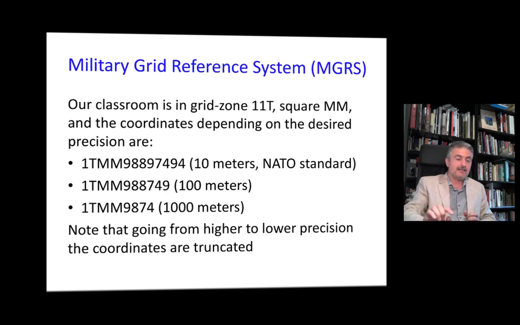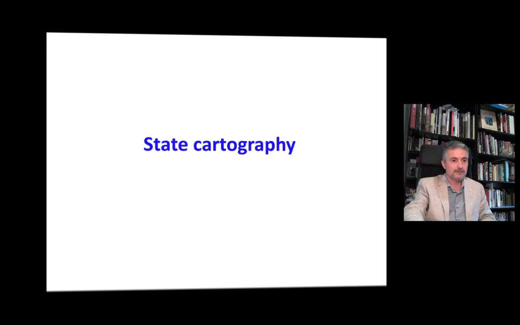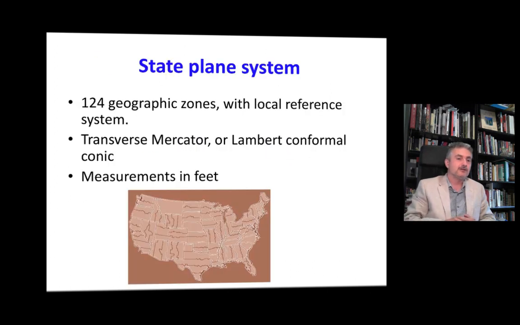And once again, it's not identifying the coordinates of a point, it's identifying the coordinates of the bounding square box of your point. Let's move to state cartography. First of all, the state plane system. So a US-wide system consisting of 124 geographic zones using local state-defined reference systems.